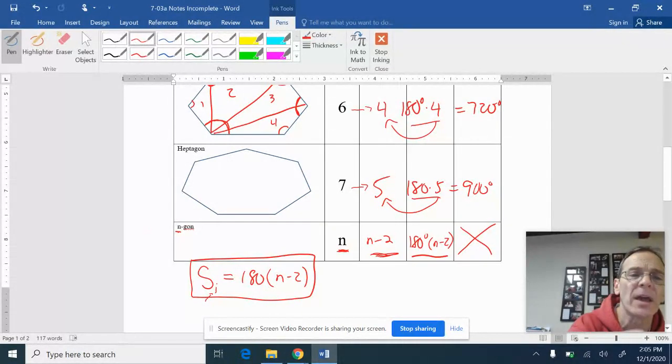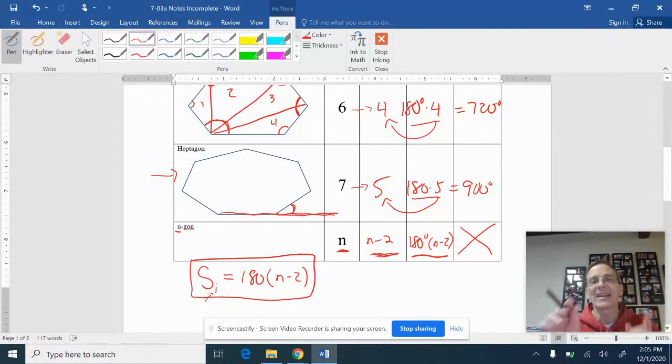For instance, let's look at this heptagon right here, this 7-sided polygon. The way you create an exterior angle is by extending one of the sides of the polygon. And then the angle that that extension forms with the next side of the polygon, that angle that's not inside the polygon, that's outside of the polygon, is called an exterior angle.